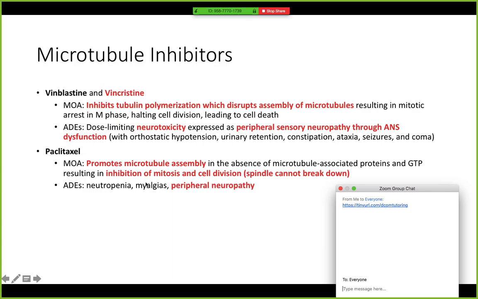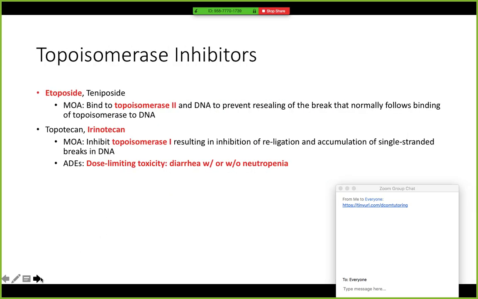Other than the fact that these are microtubule inhibitors, I would just focus on that toxicity of peripheral neuropathy. And I believe that's one that was asked about last year.